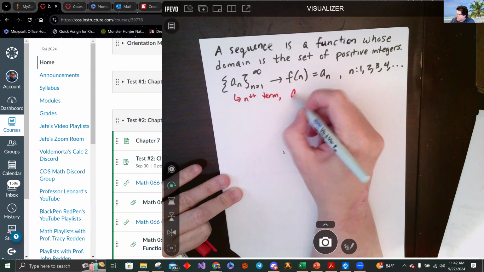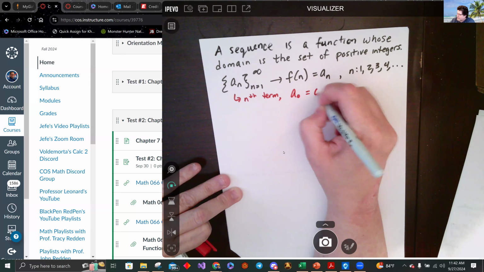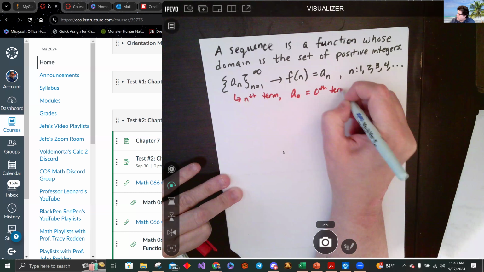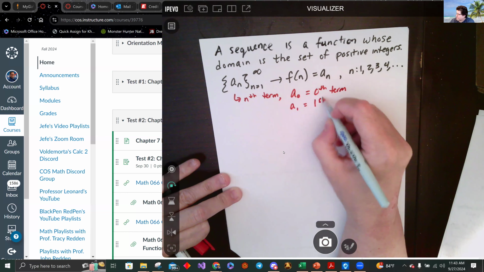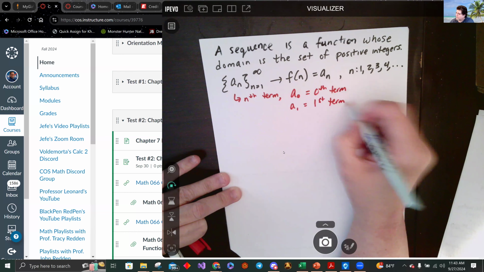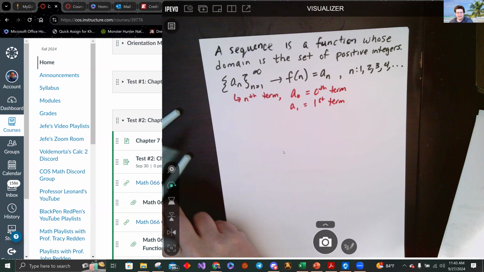So like a sub 0, if we had an a sub 0, would be the 0th term. A sub 1 is the first term, etc. Let's take a look at an example.